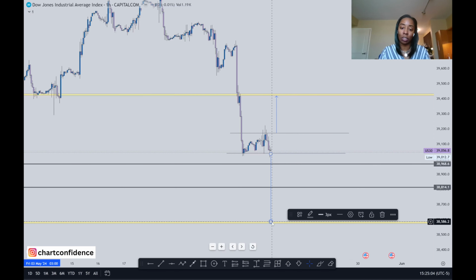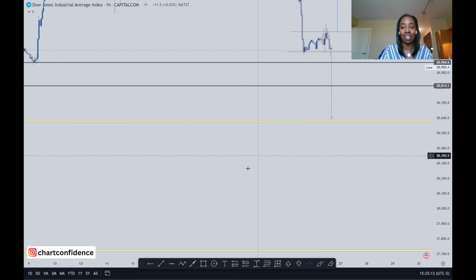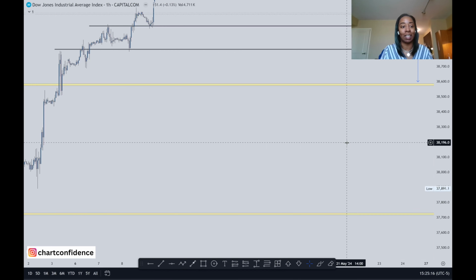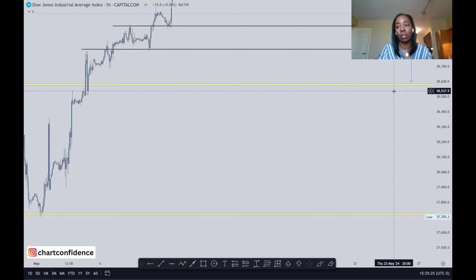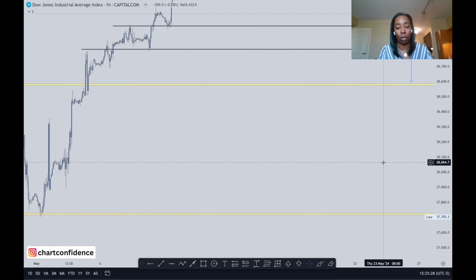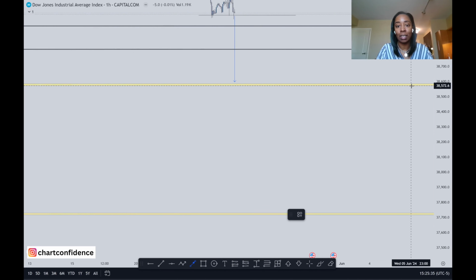And sometimes I do like to do that in a live market just based on what has happened in the past. So far, this is looking really, really good to me. And if price just continues to push for whatever reason, because it is US30, and this is a very volatile index, and there's also a lot of volume that comes with it as well, then price could potentially push all the way down here with a couple of stops along the way, unless there's a tremendous amount of volume.